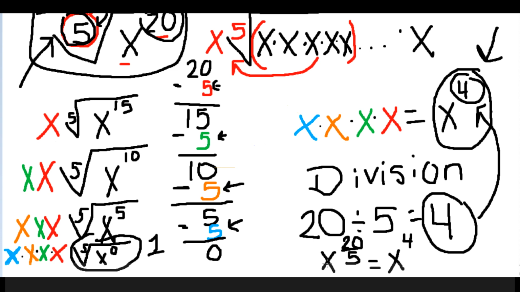Instead of writing it as the 5th root of x to the 20th, we can write it as x to the 20 divided by 5 power, which is x to the 4th. Okay, so we can use division and jump back and forth from radical form to exponential form using division to simplify these expressions a whole lot faster. And that's what we're going to be doing as we move forward. And we're going to talk about that in our next lesson.